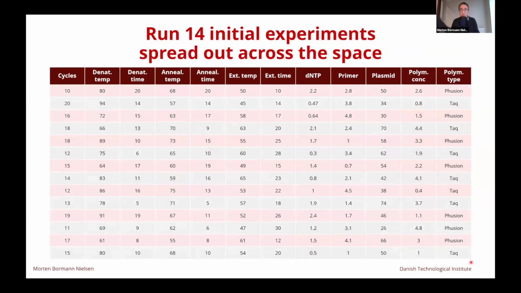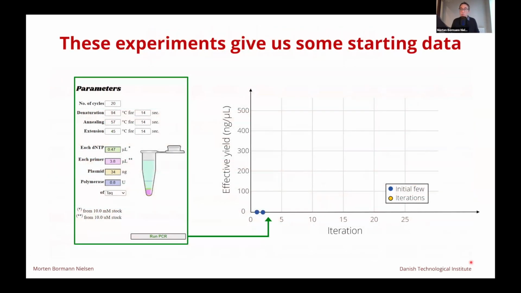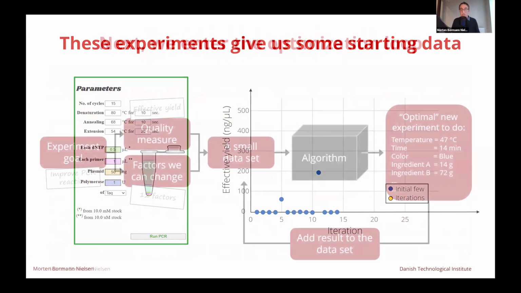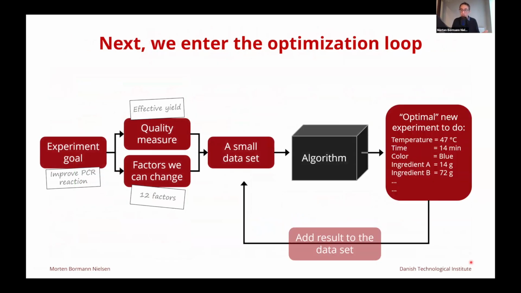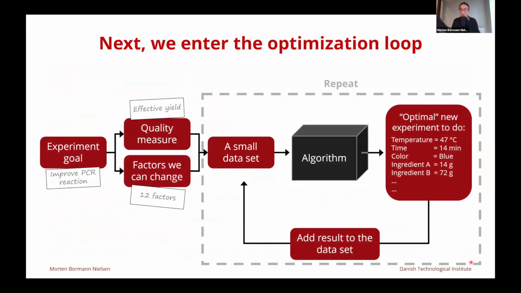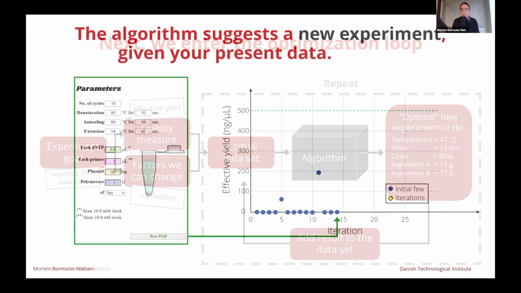So we're just spreading out data points across this huge space. And these experiments will give us some initial data, so a little bit of information on what the quality is at these very different settings. And this will be enough to suggest a new experiment for us, because the algorithm will take this data set, suggest one new data point, we'll carry that out, add it to the data set, and repeat.